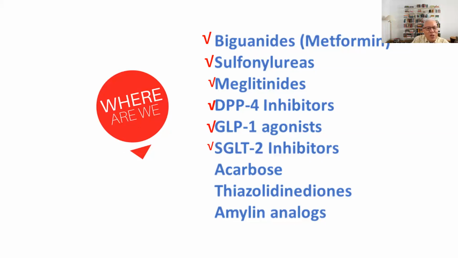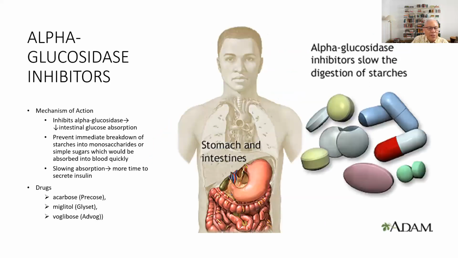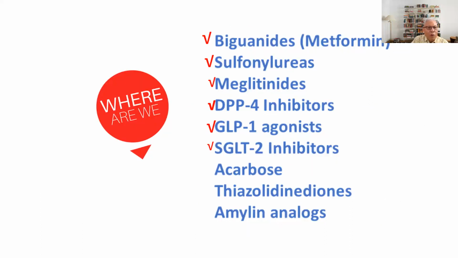All right, so let's go to the next class of drugs that we're going to be using for patients that are type 2 diabetics, and they are the alpha glucosidase inhibitors. But before I go there, I wanted to tell you that the biguanides work by interfering with glucagon, right?